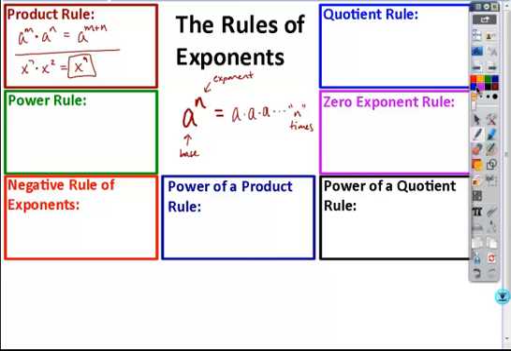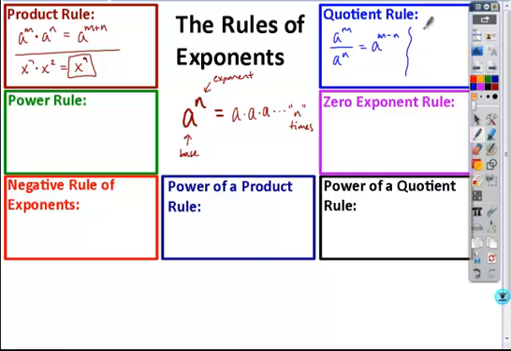The quotient rule, a similar idea, is if you take two exponents and you divide them, as if they have the same base, a in this case, you can combine them into one single exponent with base a, and here you would subtract their powers.